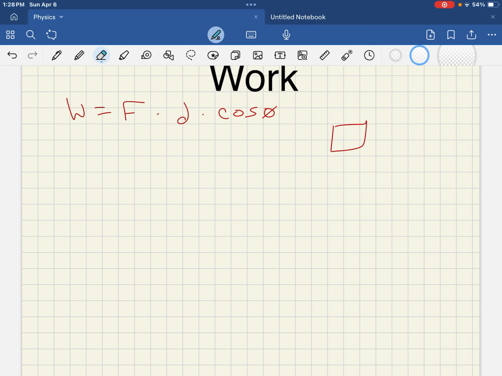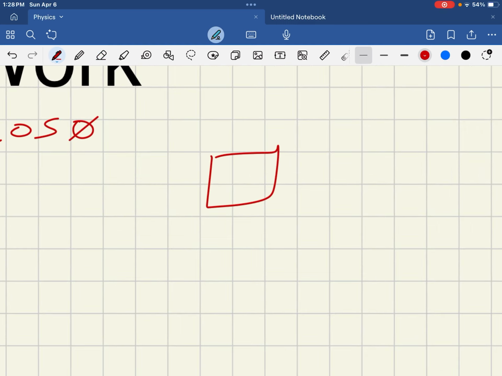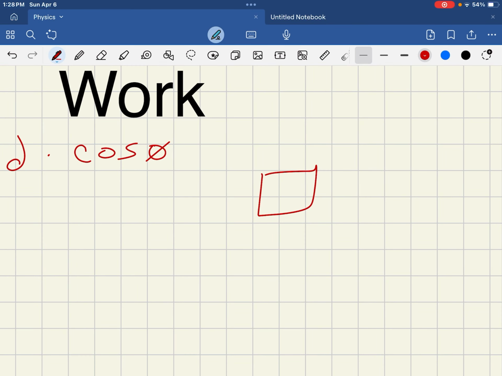Okay, so now let's say we attach a rope to this and we pull it here, and we pull it at a degree of 45 degrees.